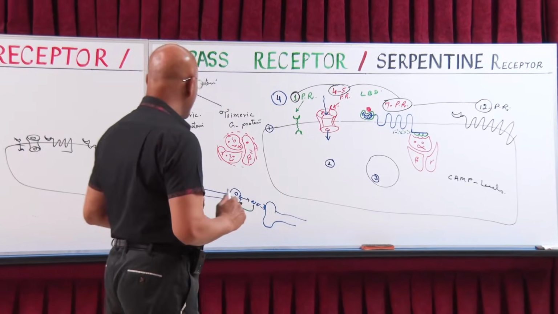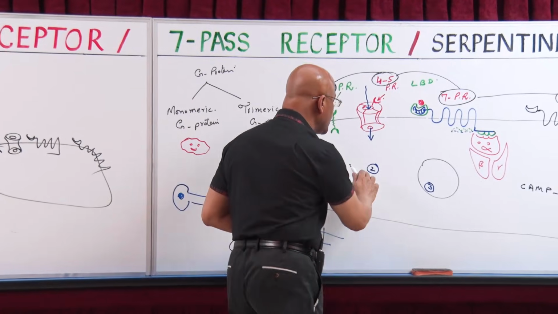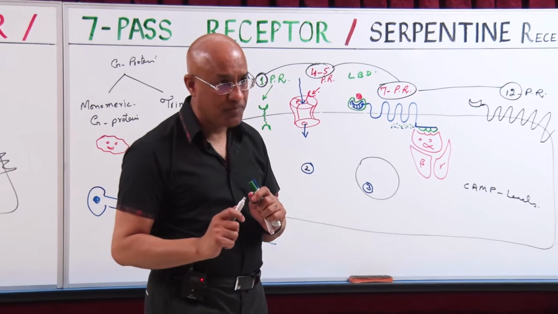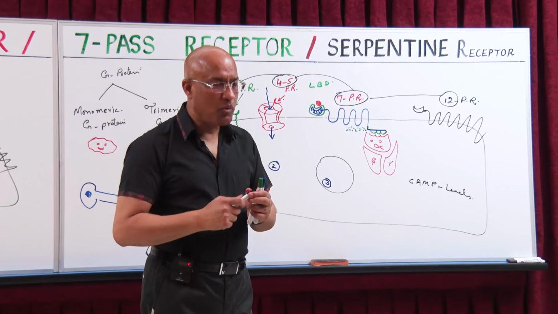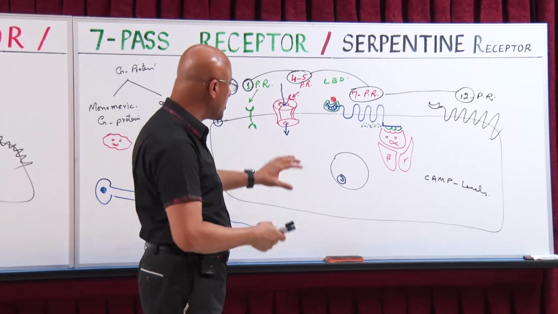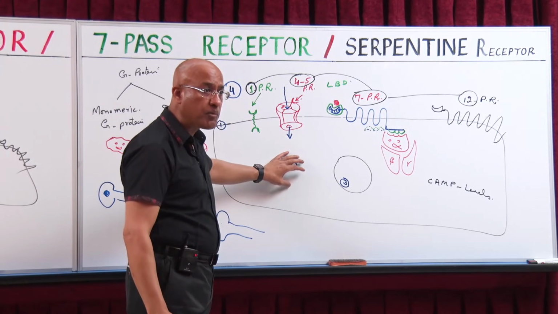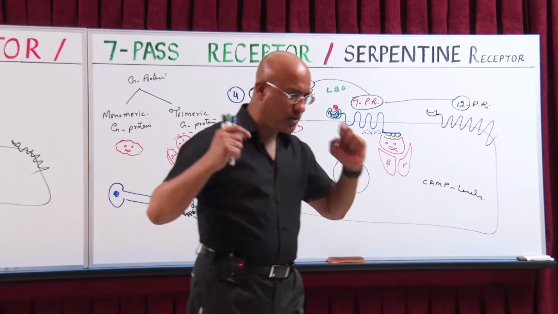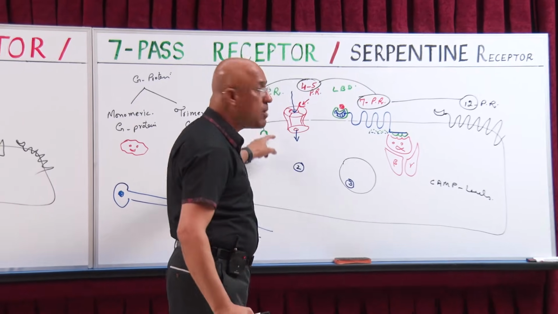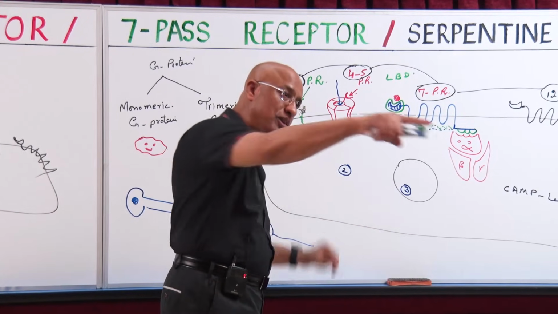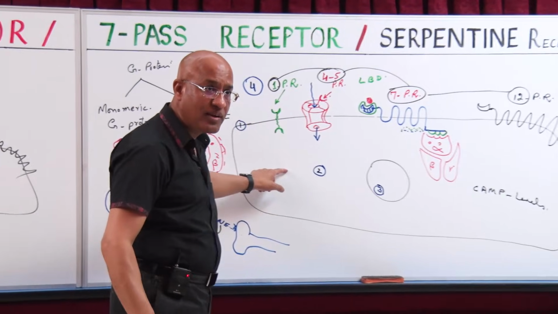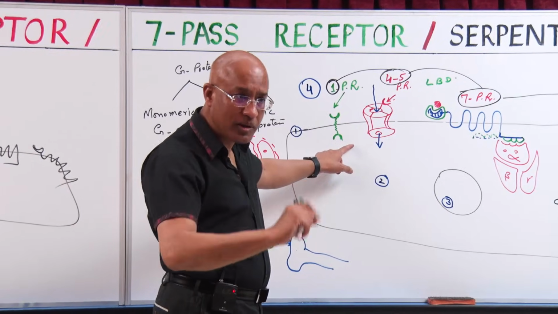Then receptors might be present in the cytosol. They might be present intracellularly also. Now, why are some receptors present intracellularly and why are some receptors present on the membrane? The answer is very simple. Those ligands which cannot cross the membrane must have receptors on the membrane.